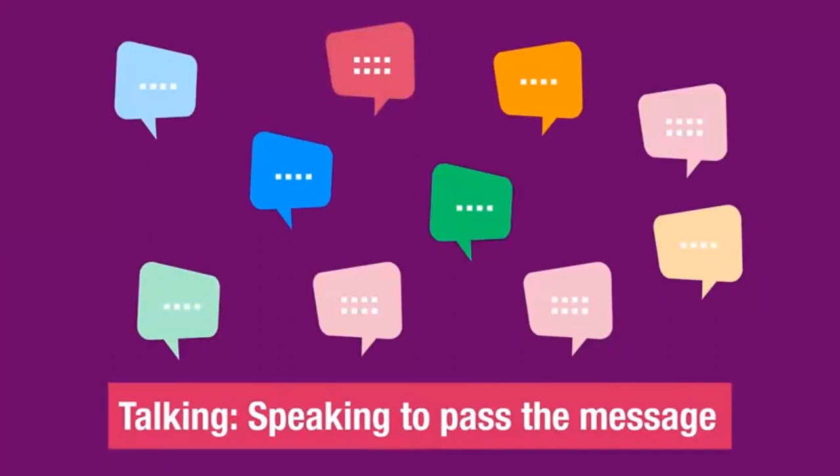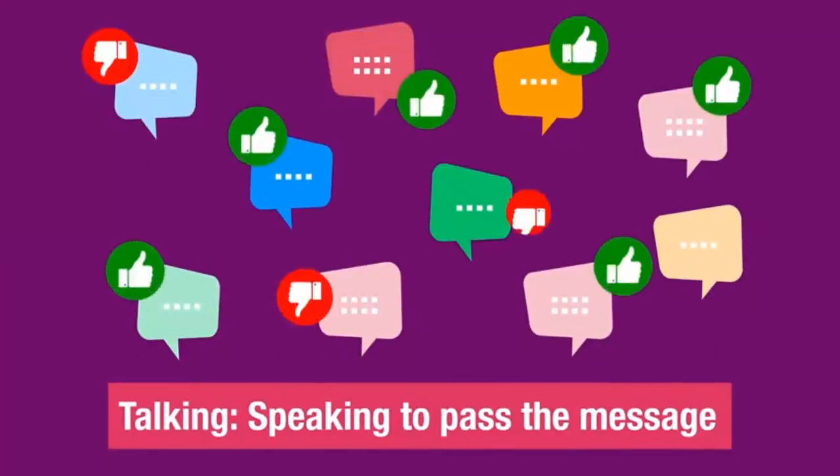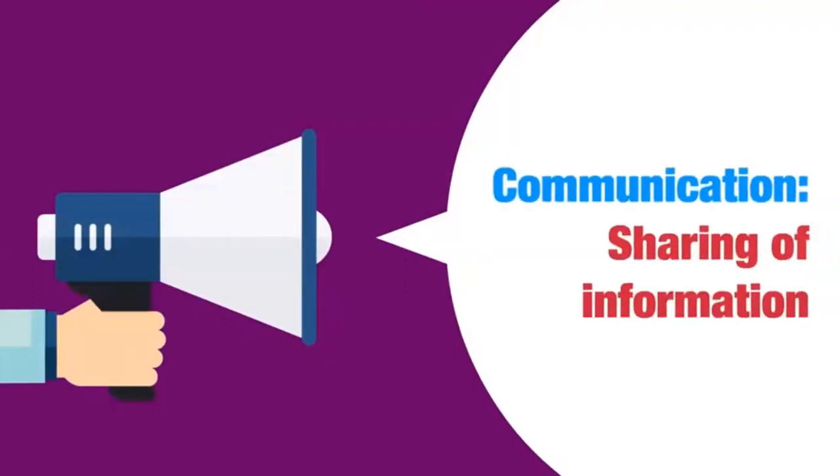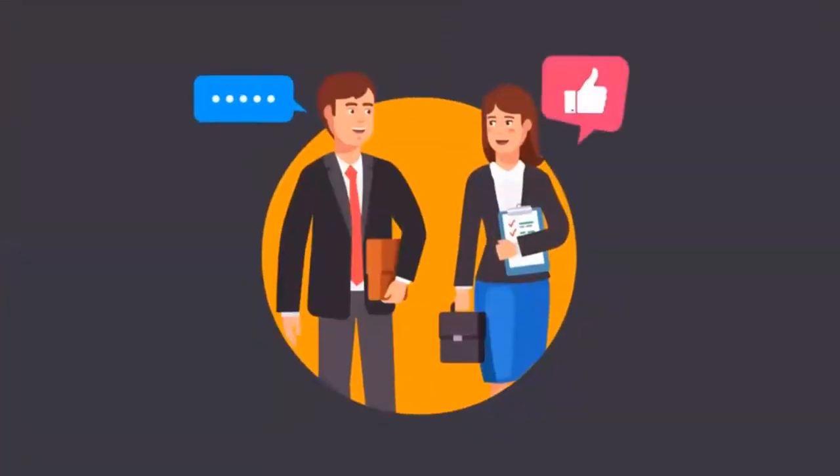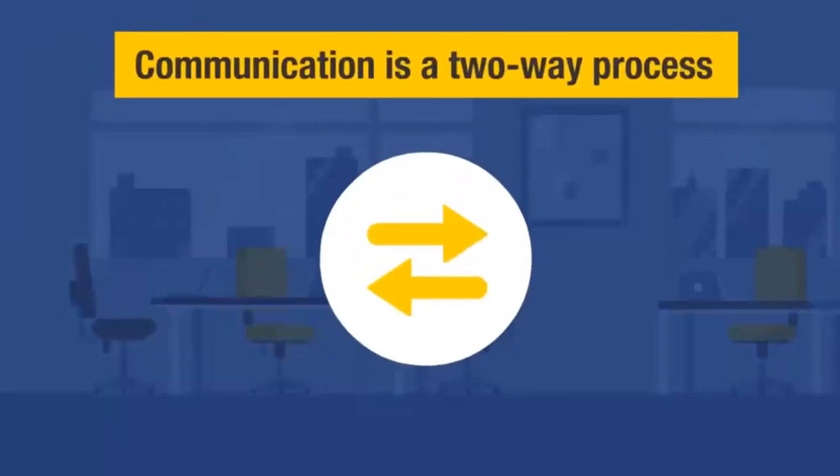Talking simply refers to speaking words and sentences. Sometimes the message is understood, sometimes it is not. Communicating is one step further in the process. It is the sharing of information between 2 or more people to reach a common understanding. Communication is a two-way process.